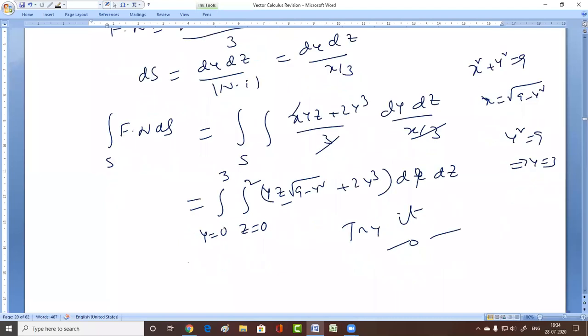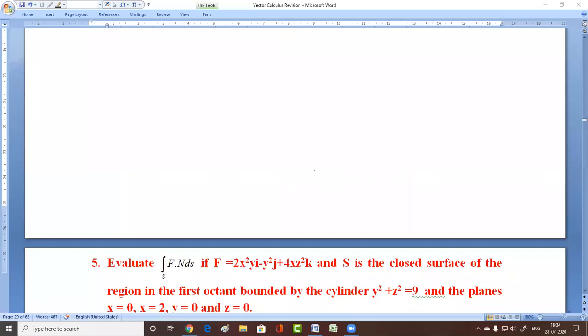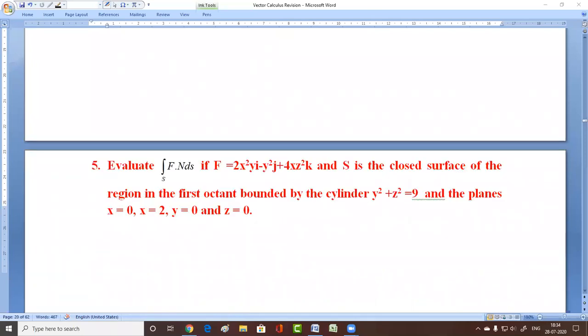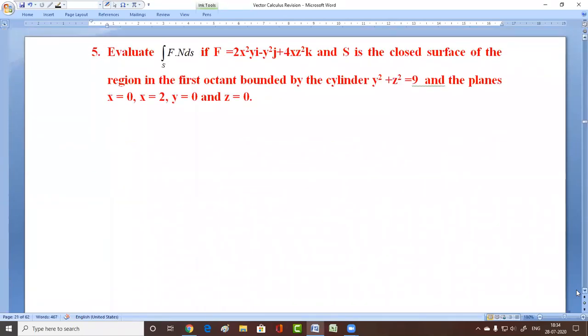Now coming to the next model. Now this model is the most important model, a little bit different from the previous model. Listen carefully. Evaluate integral f dot n ds where f is some function given.